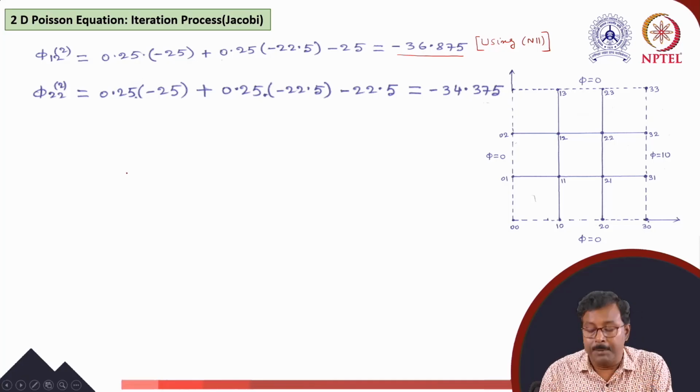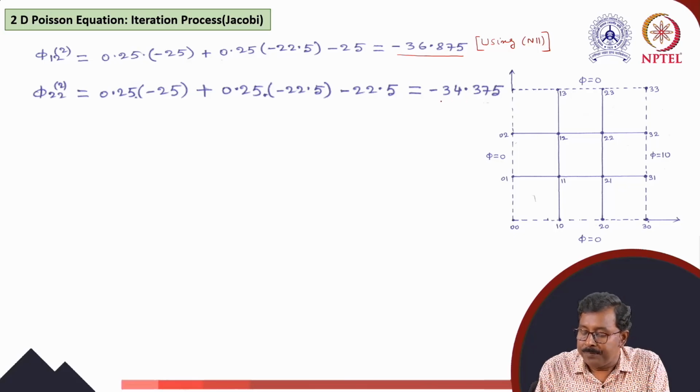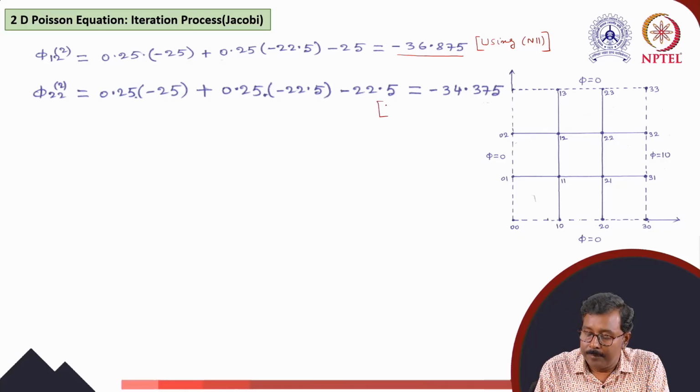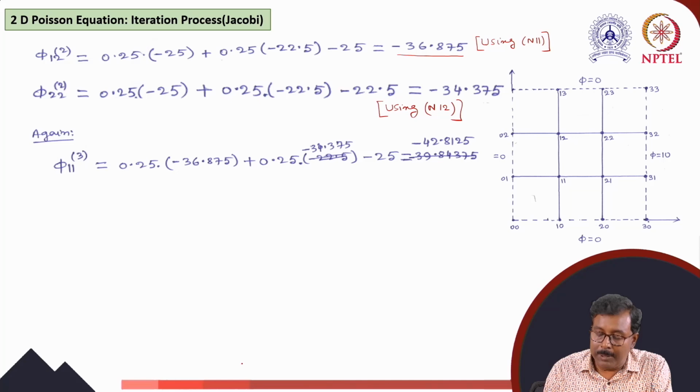If you repeat the expression, now in the third iteration you have to put these updated values of the nodes again into equations number N9 to N12. So what will be the values?